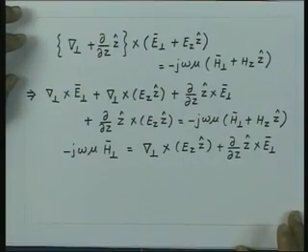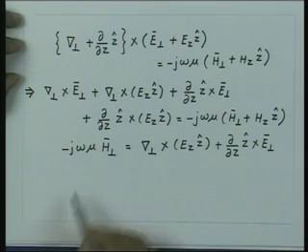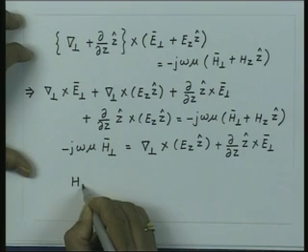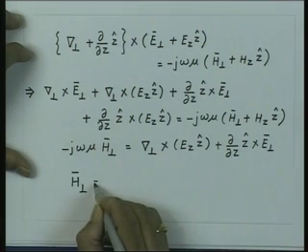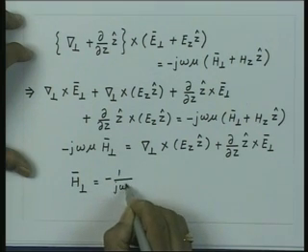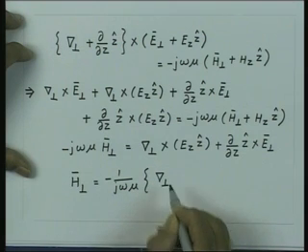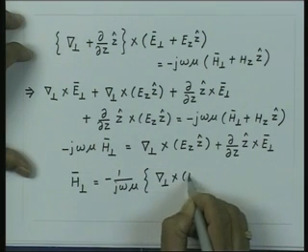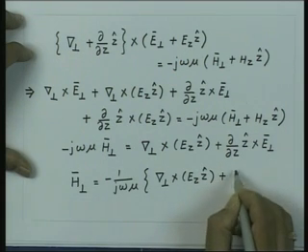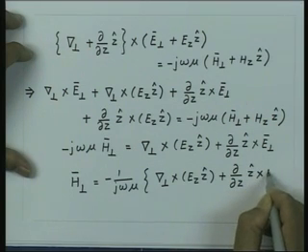I can bring this minus j omega mu down here to get explicitly this quantity, which is H transverse. So, this gives me H transverse, that will be minus 1 upon j omega mu into this thing, which is del transverse cross Ez z plus d by dz z cross E transverse.